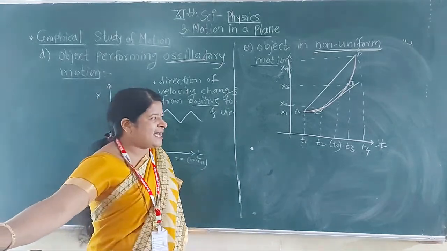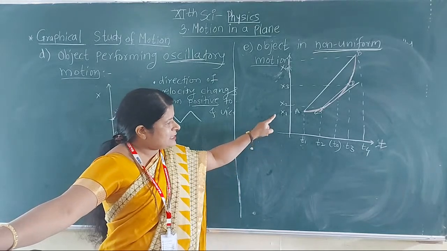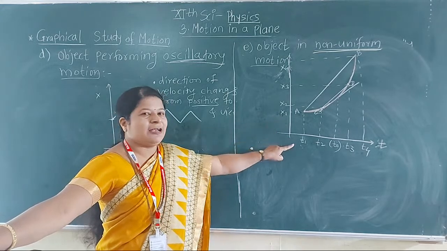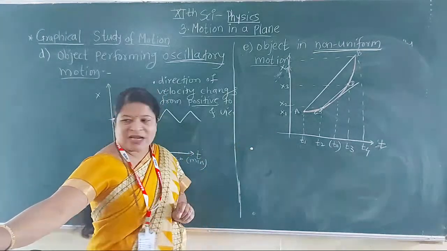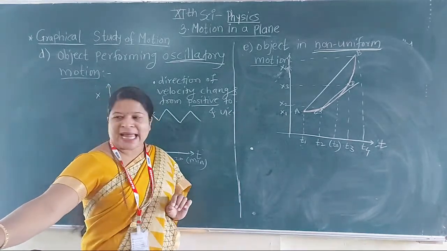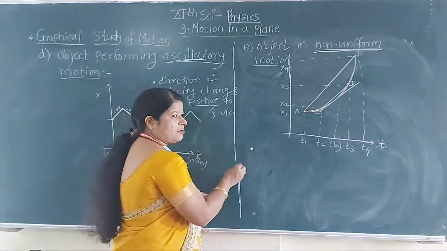Its velocity changes, its velocity that means displacement divided by time, displacement x divided by t. So its velocity changes with time and therefore average and instantaneous velocity are different. This is the important point.